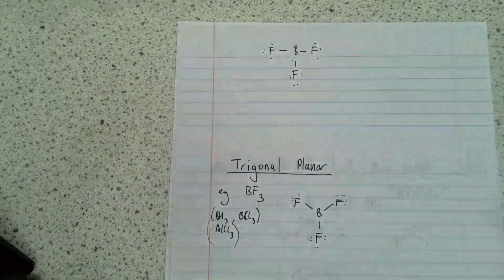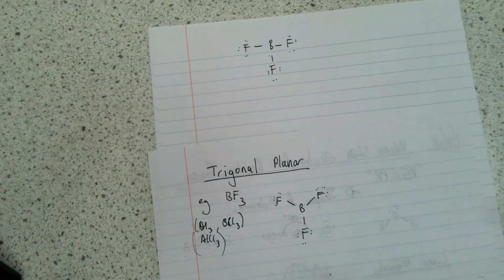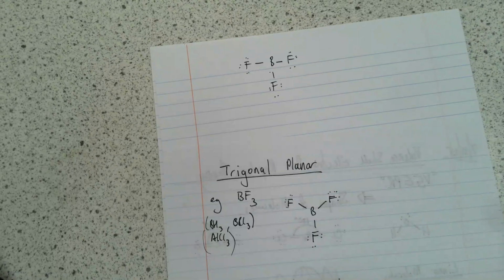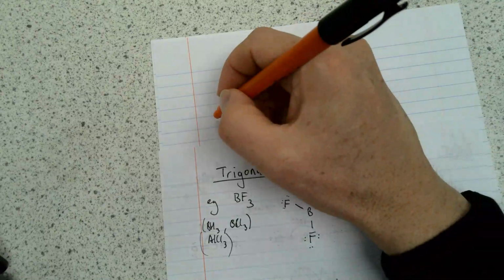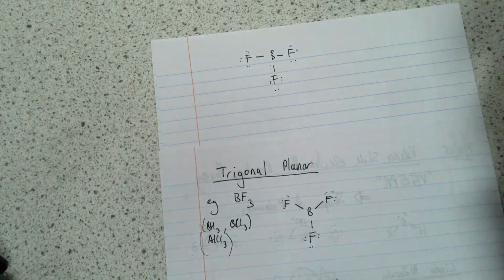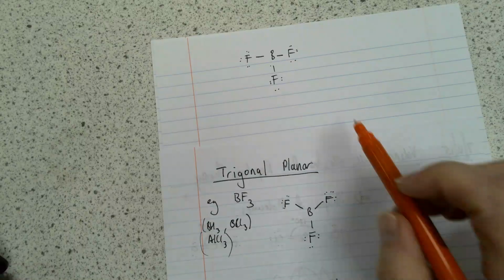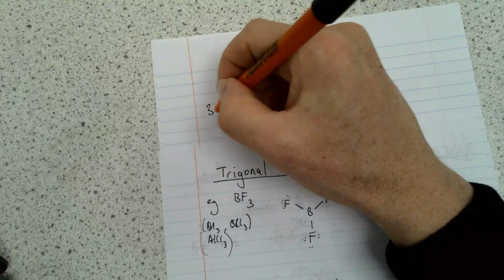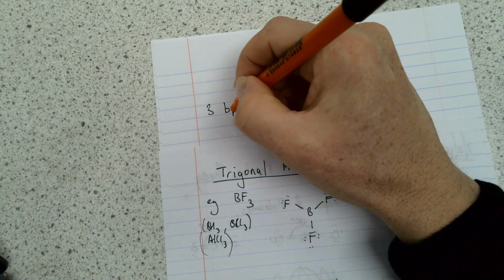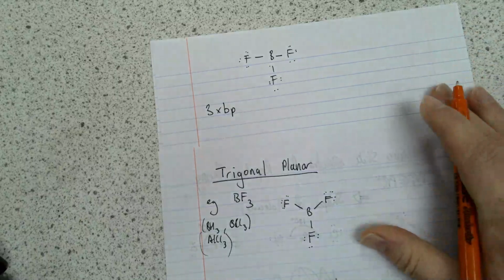No lone pair on the boron. So we go through exactly the same approach that we did before. You'll get very used to this now. So we talk first of all about the number of bonding pairs. How many bonding pairs are there? Show me with fingers how many bonding pairs there are around the boron. Yep, so 3 BP. How many lone pairs are there on the boron?